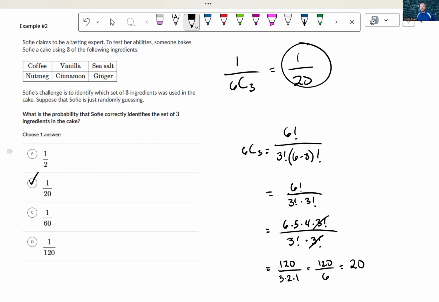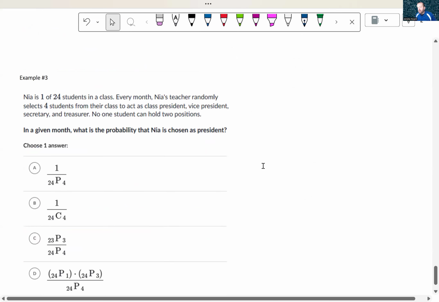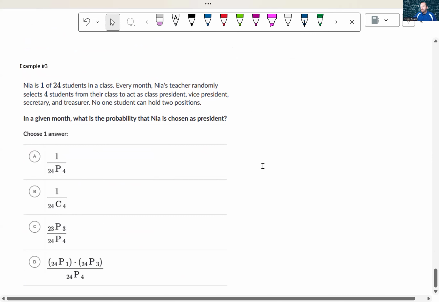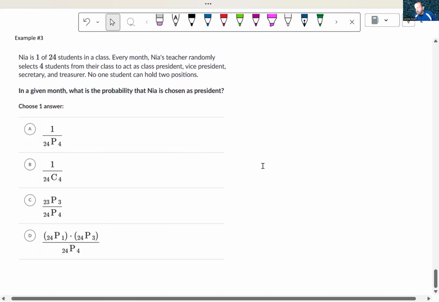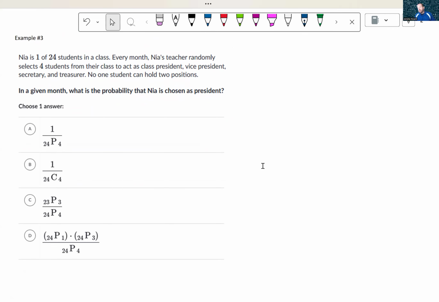Okay, let's do one more example where the numerator is not equal to 1. This one I think is a really tough example. So I really want to go over this one together before you do any practice with these. Nia is one of 24 students in her class.